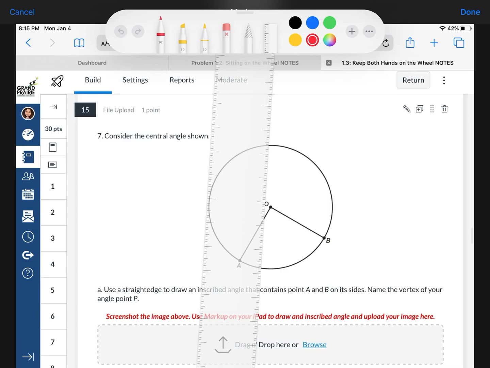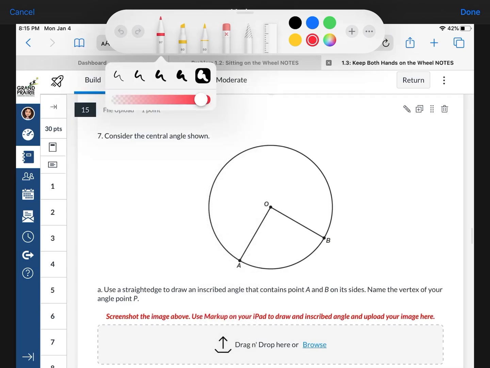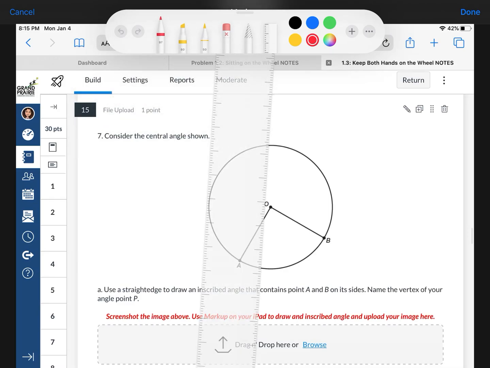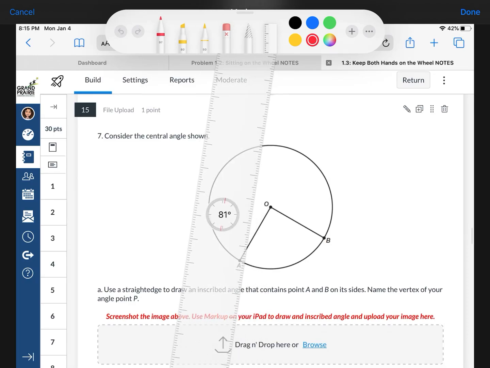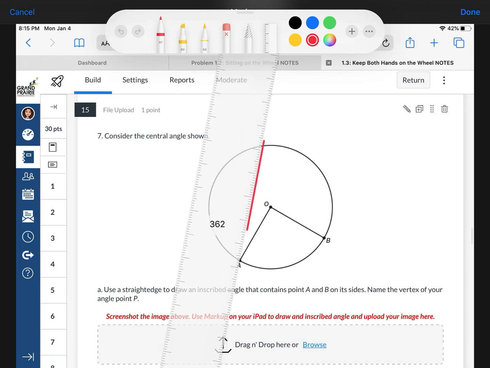We're going to go ahead and use our ruler again. And this time it's got to go through points A and B. So let me make sure that's a little better. There we go.